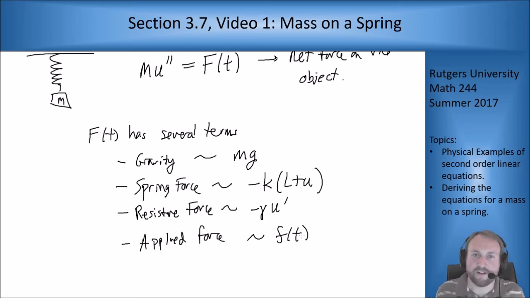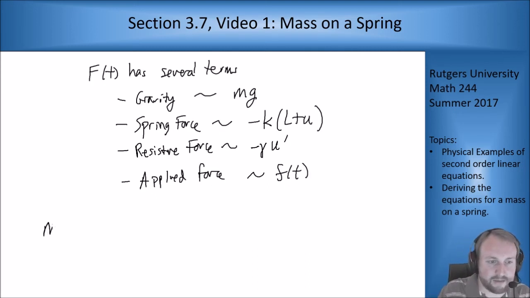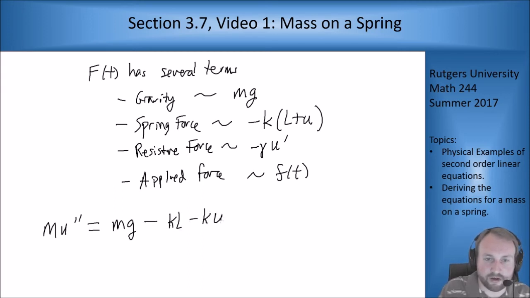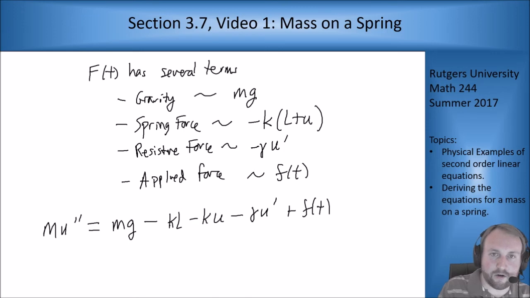So let's take all this, put this on the F of t side, and see what happens. So I'm going to get m times u double prime equals what? Equals mg minus, and I'm going to distribute the spring force out, kL minus ku minus gamma u prime plus f of t. And now, because of the definition of L, our equilibrium length, we know that this and this turn into zero when you put them together.